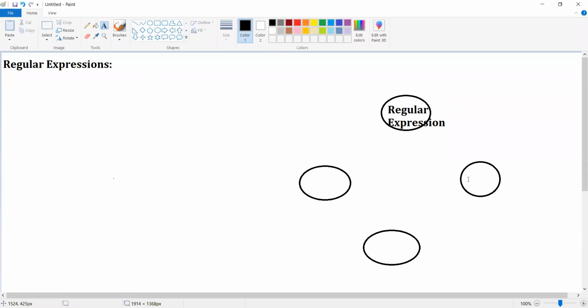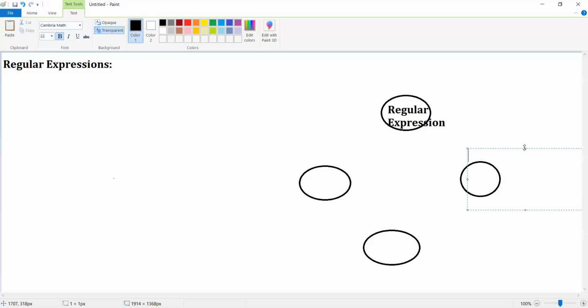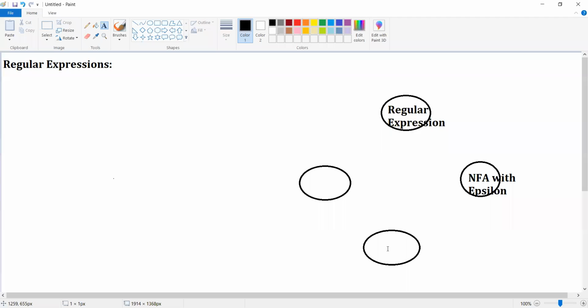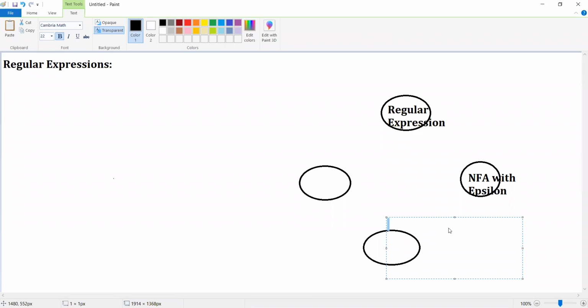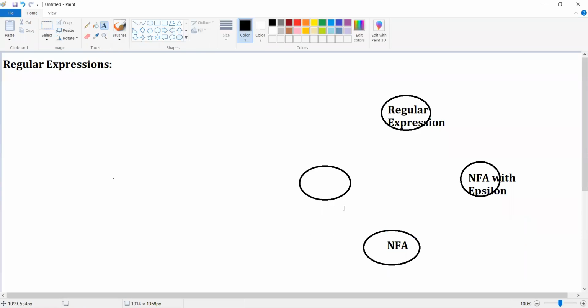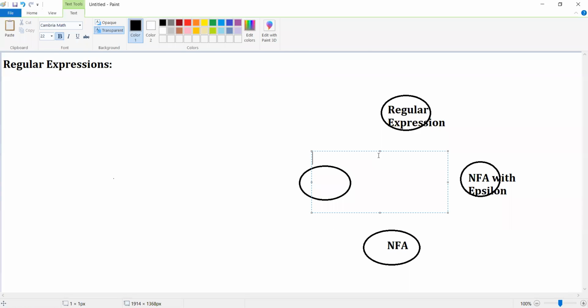Then the second circle represents NFA with epsilon. The third one represents NFA. And the fourth one represents the DFA.